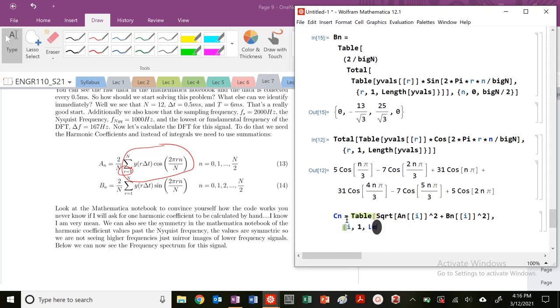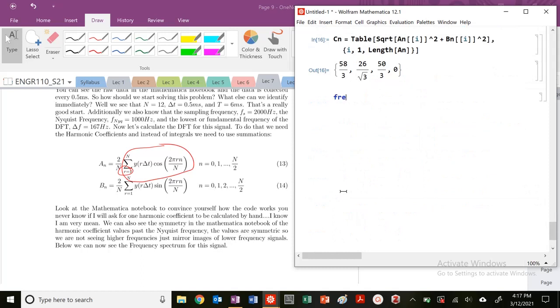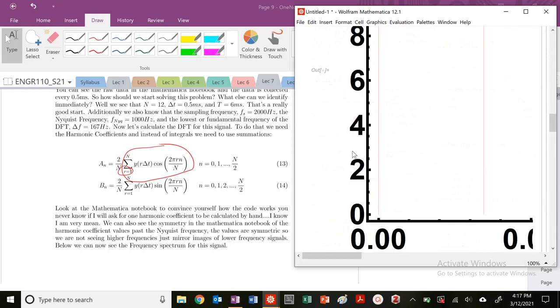Then my freqs are going to equal table i times delta f, where i goes from 0 to the length of c sub n minus 1. There we go.